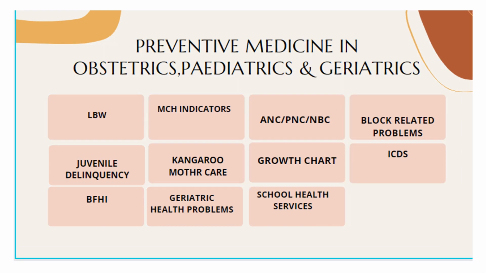Now coming to preventive medicine in obstetrics, pediatrics and geriatrics. Of course, you need to know how you define low birth weight, what are the different categories of low birth weight, the MCH indicators, and how to calculate each of them, the antenatal care, postnatal care, newborn care.